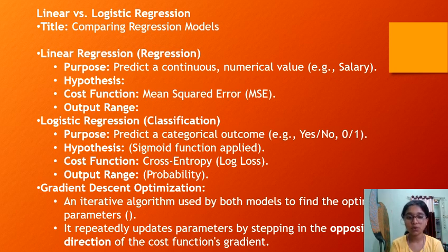Hypothesis: sigmoid function applied. Cost function: cross entropy, log loss. Output range: probability. Gradient descent optimization: an iterative algorithm used by both models to find the optimized parameters. It repeatedly updates parameters by stepping in the opposite direction of the cost function's gradient.